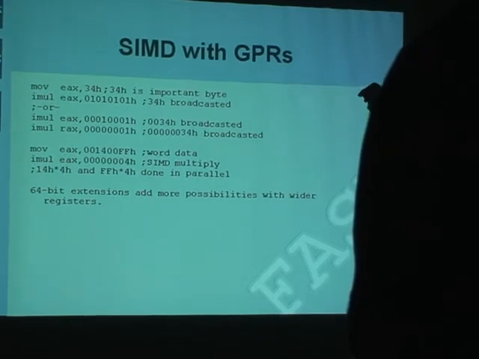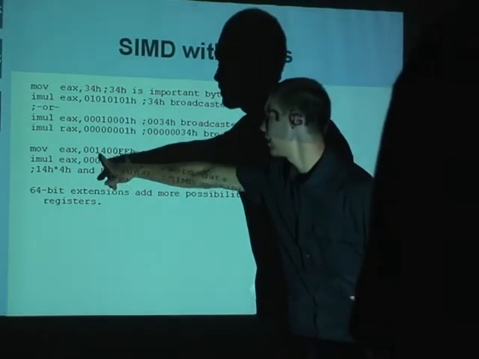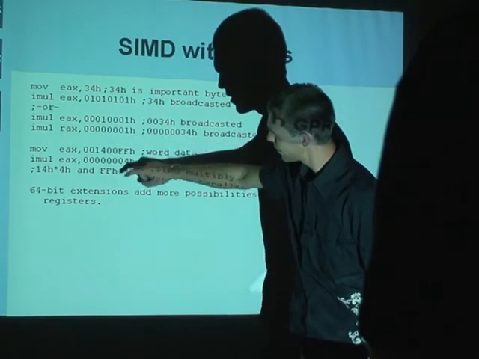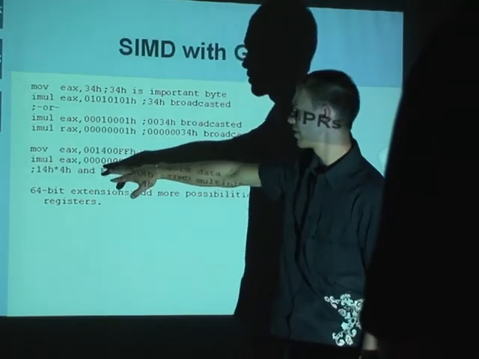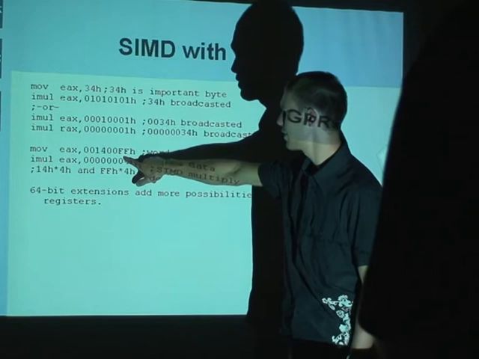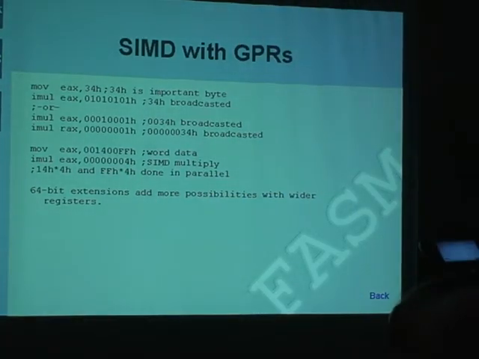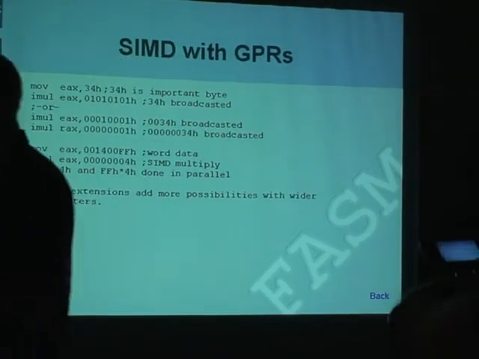With multiply, you can only say that I want these values to be multiplied by 4, and you have these values multiplied in the result. But if you need to have different constants multiplied here, it's rather tricky or even impossible with the general purpose registers. So better get yourself an XMM then, or try to find another way to do it. But multiply is also possible.